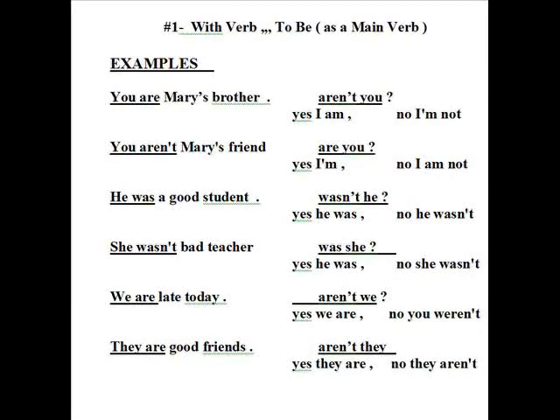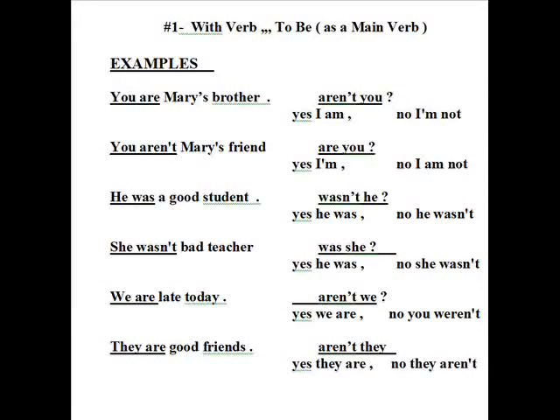Number one, with the verb to be as a main verb. Do you remember? Verb to be has two ways of use, as a main verb and as an auxiliary verb. We already talked about that.